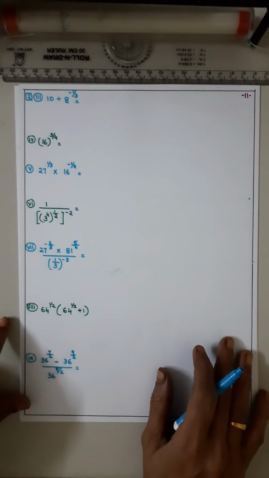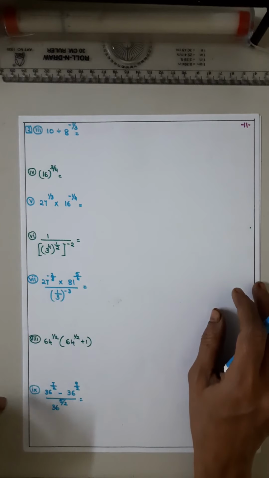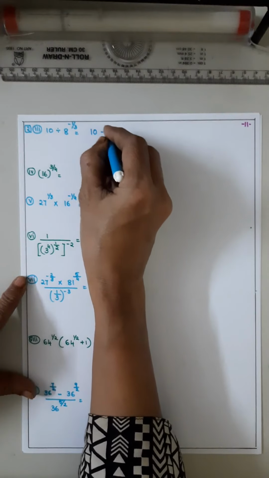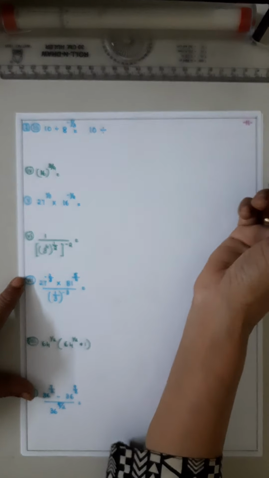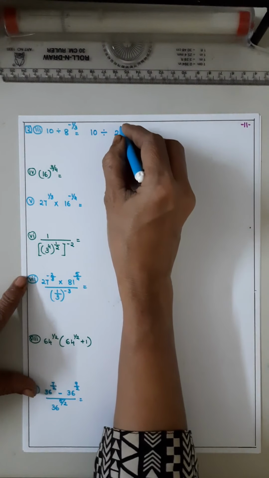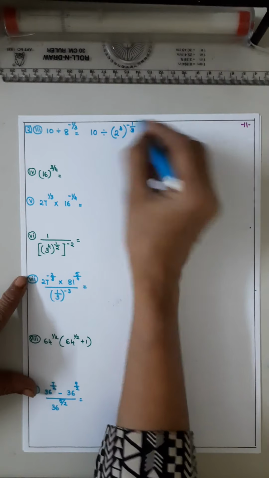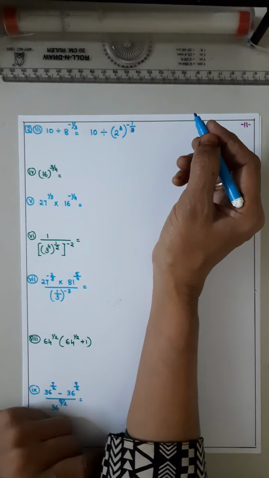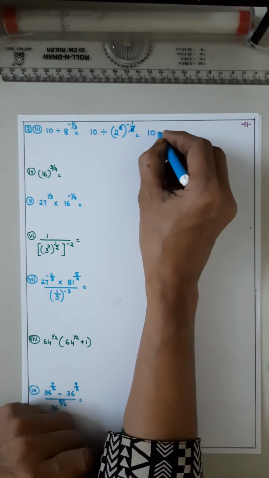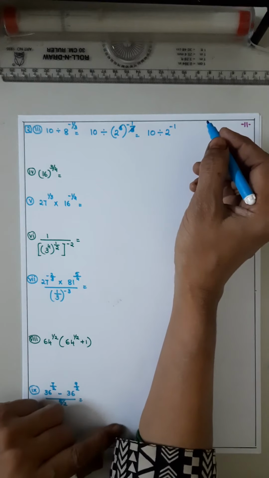Okay, coming to 10 divided by 8 to the power minus 1 by 3. Now 8 is whose cube? It is 2 cube, isn't it? 2 cube bracket minus 1 by 3. Now 3 gets cancelled. It is 10 divided by 2 to the power minus 1.